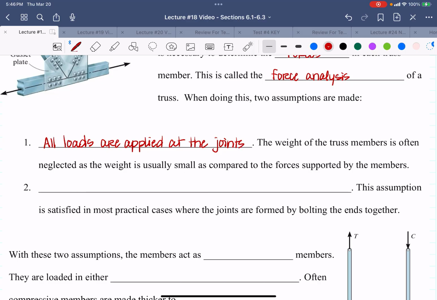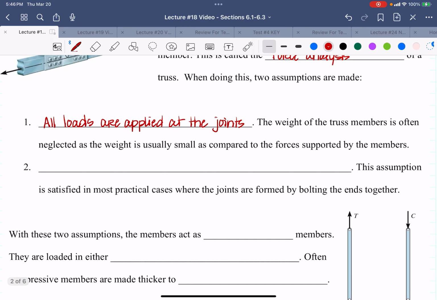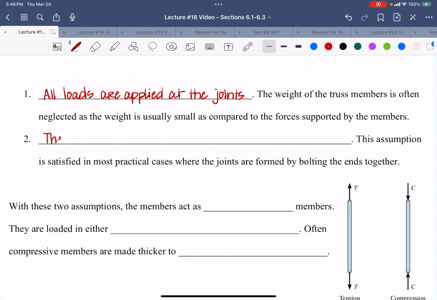We do sometimes consider the weight of truss members, but when we're talking about simple trusses, we usually neglect the weight. So you're not going to see us including forces for the gravity, the weight. Number two is the members are joined together by smooth pins, which we learned all about in chapter 5.